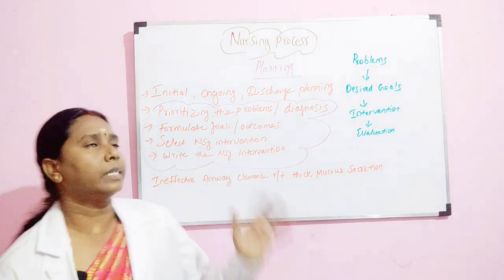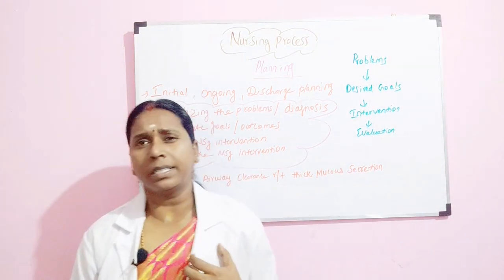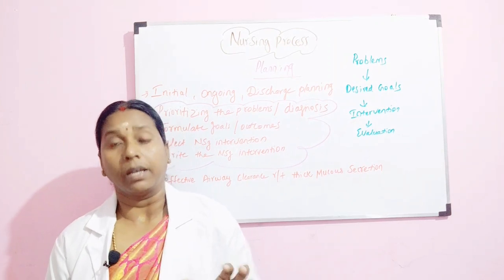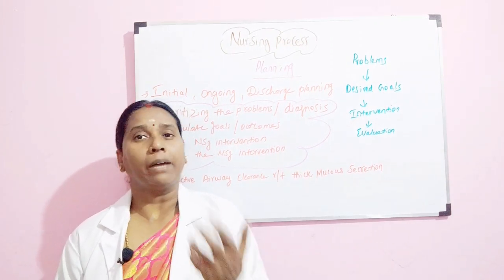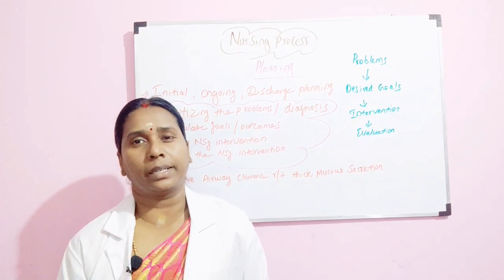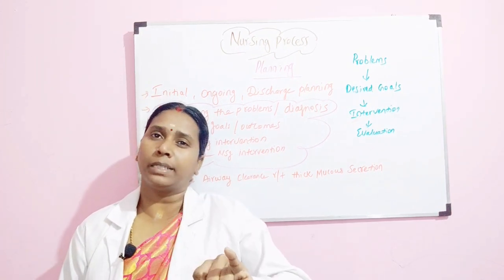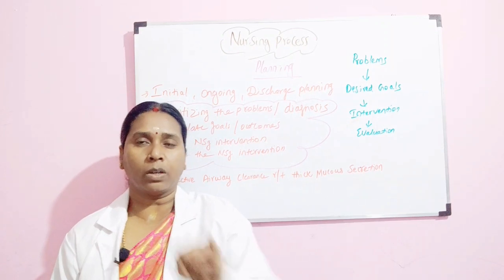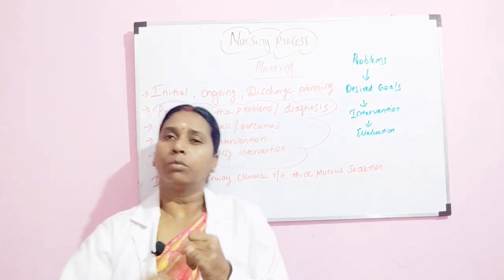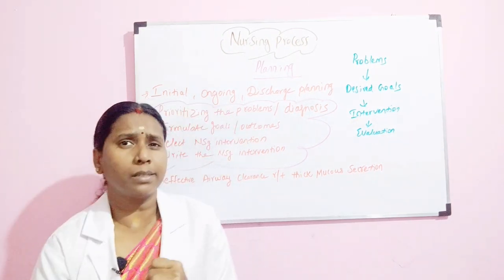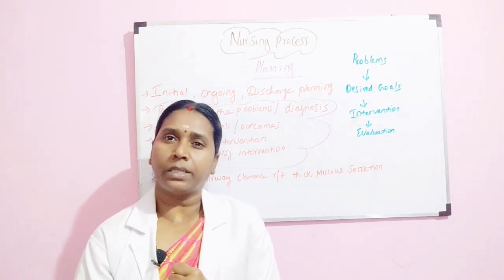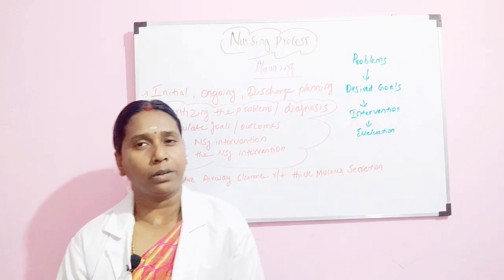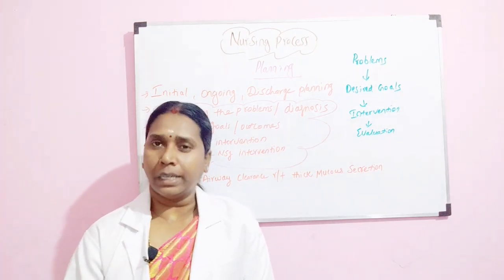selected nursing intervention. The patient is having breathing difficulty, we said. Now for this breathing difficulty, what all do we have to do? We have a lot of nursing interventions that can be done. First is always the assessing part. First you have to assess or monitor the vital signs of the patient, which includes the respiratory rate and the type of breathing.